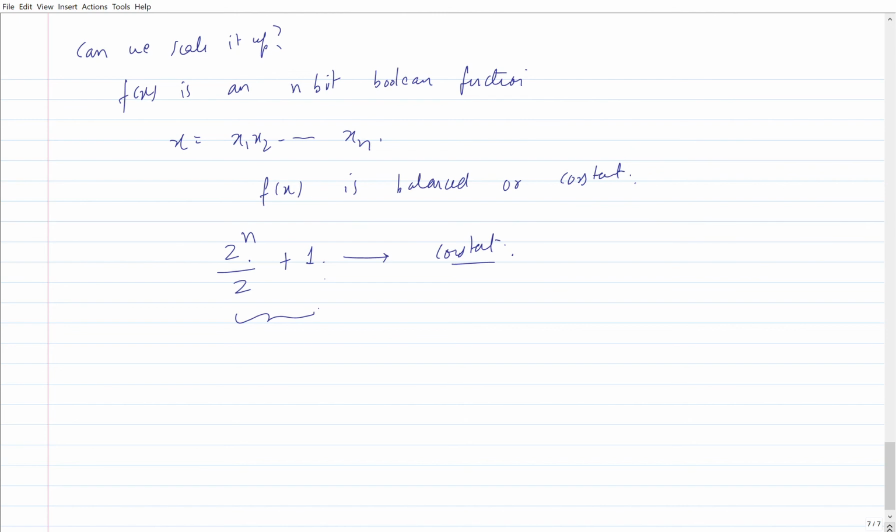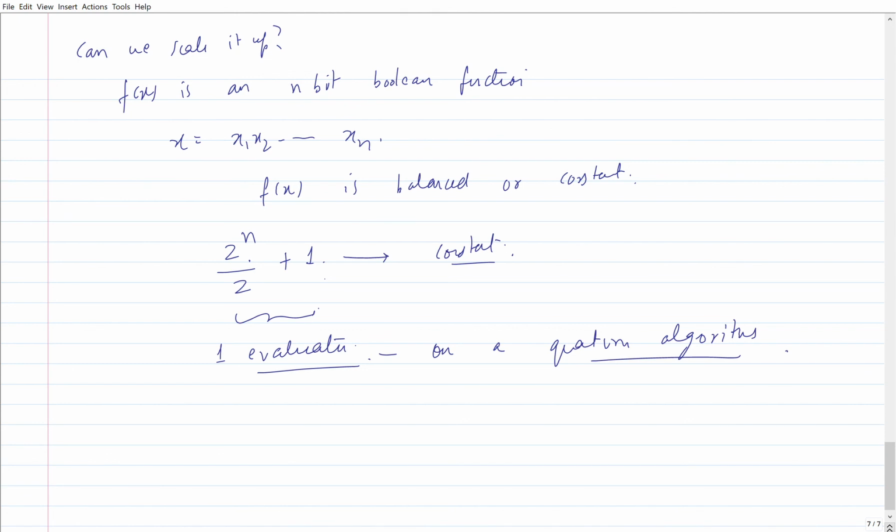But essentially, a quantum computer will give me this evaluation, just one evaluation needed. I'll have a bigger circuit, but that sort of is the idea. One evaluation on a quantum algorithm.